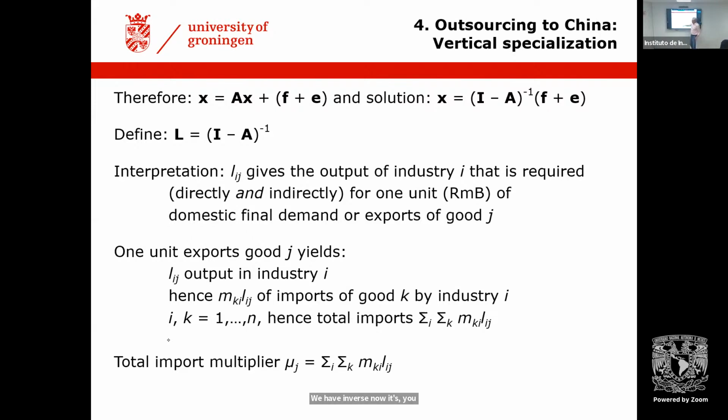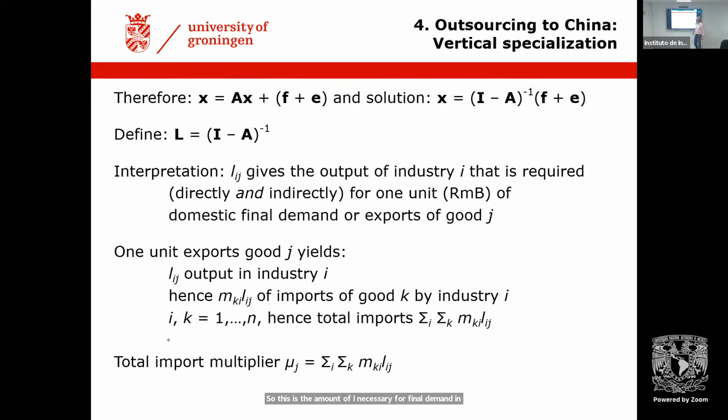Recapitulate: L_ij, row i, column j, gives you the output of industry i that is necessary directly and indirectly for 1 unit in monetary terms, renminbi, for example, in China, for 1 renminbi of domestic final demand or exports, any final demand of good j. So this is the amount of production in i necessary for final demand of good j.